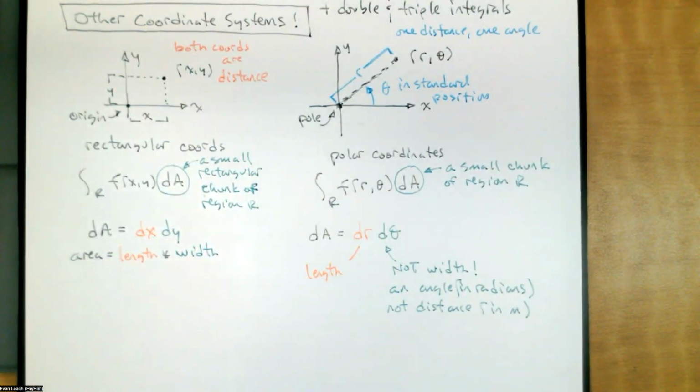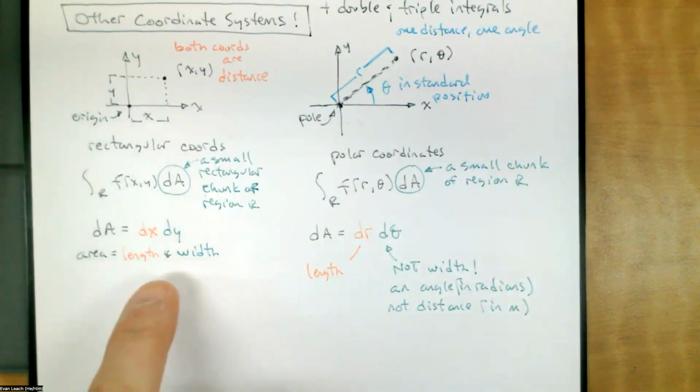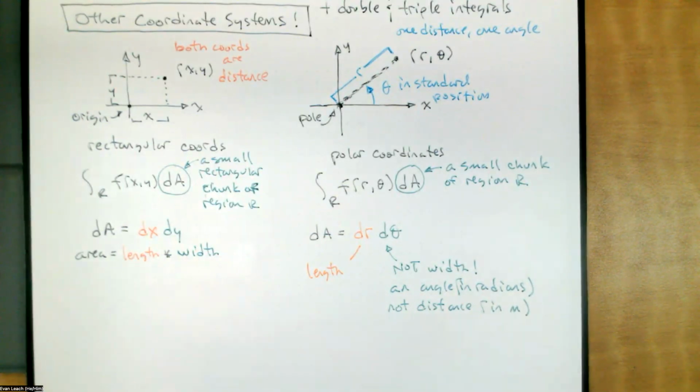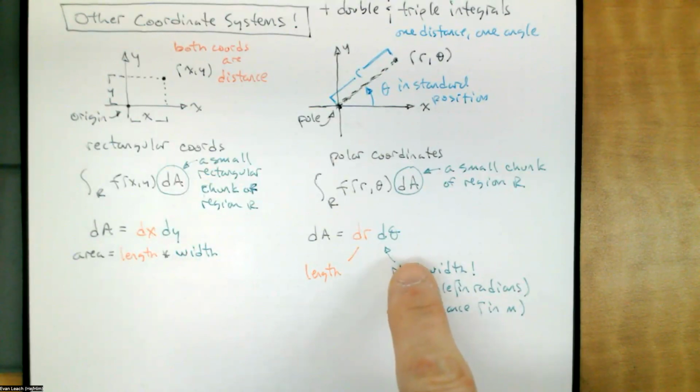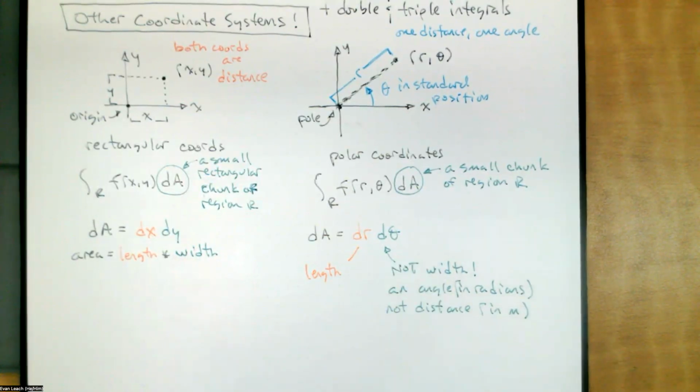So I can't say that dr d theta is some small area in the region R, because d theta is not a length. We wouldn't end up with area units. Dx dy, it's no problem. Length in meters, width in meters, area in square meters. Length in meters, angle: meters times radians. And radians, they don't show up, so it's just meters.